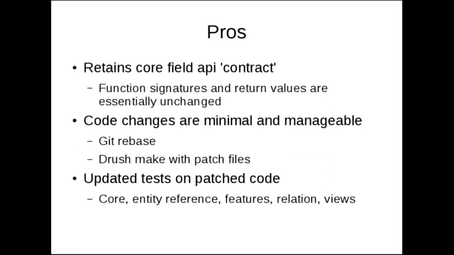So we talked about the contract, the function signatures, and what they return, and all that stuff. From a coding standpoint, I haven't really messed with anything. I feel like the changes I've done here are minimal and manageable. Using things like Git with its rebase functionality makes this simple. Who's familiar with using Drush with Drush Make?